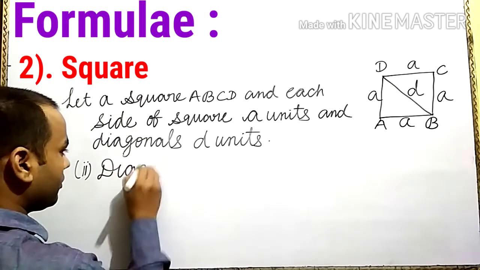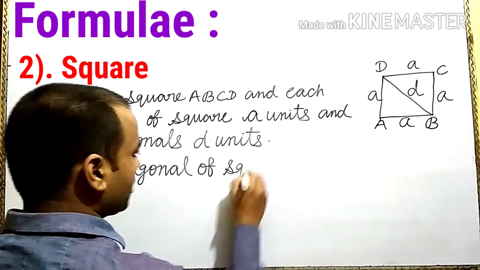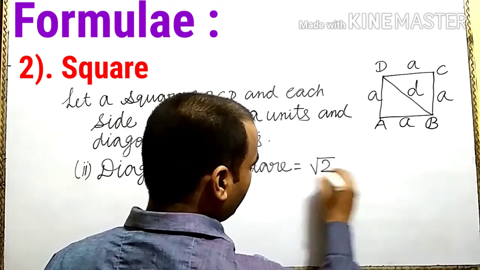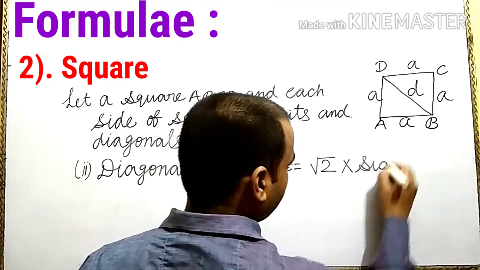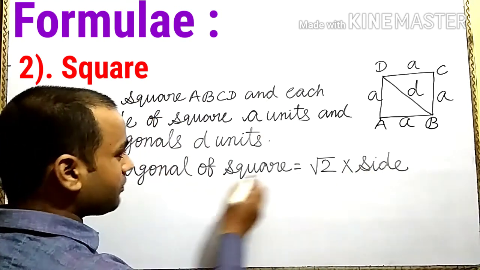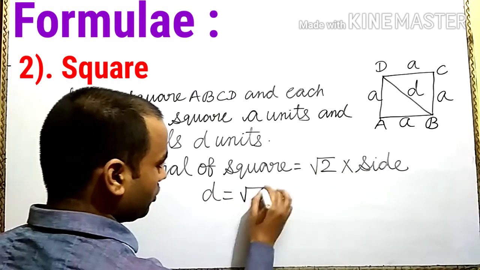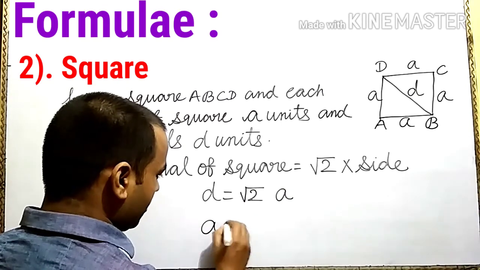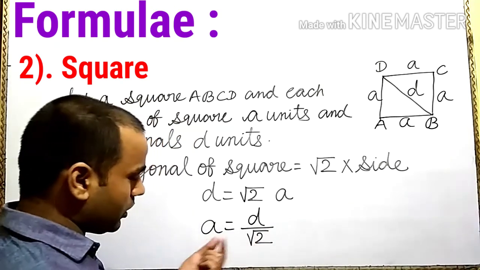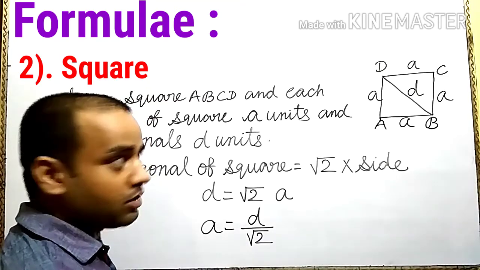Diagonal of a square is equal to root 2 into side. Side means each side, one side here. In short form write d is equal to root 2 a. Then a is equal to d upon root 2, means side is equal to diagonal upon root 2. Is it clear?